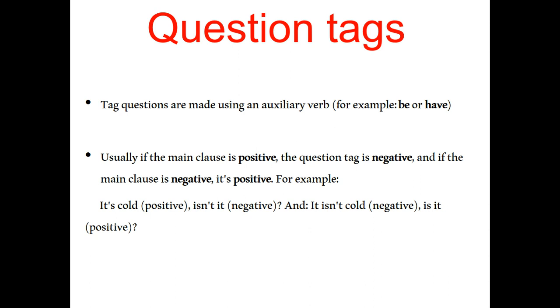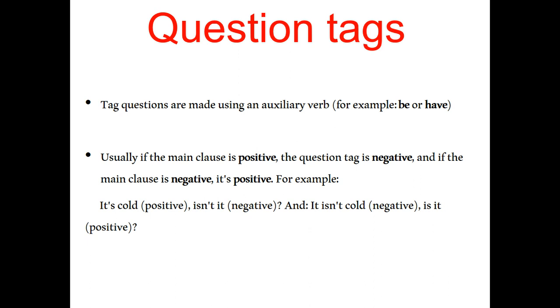Am, is, are. Okay, we use am with I. What about is? We use is with he, she, it. And we use are with which subjects? We use are with they, we, you.